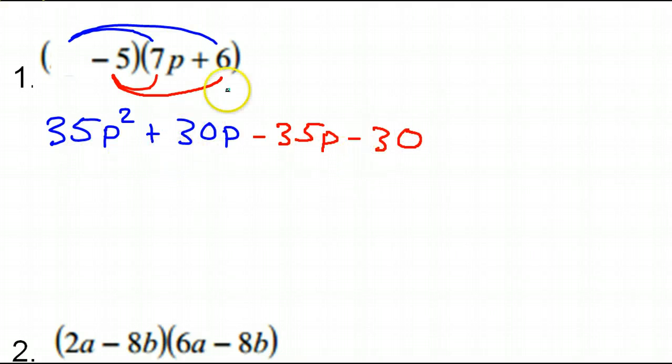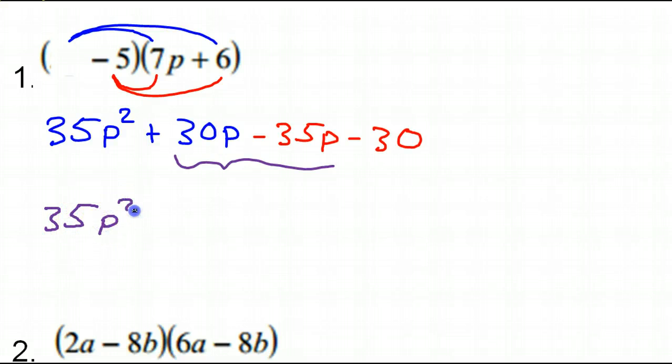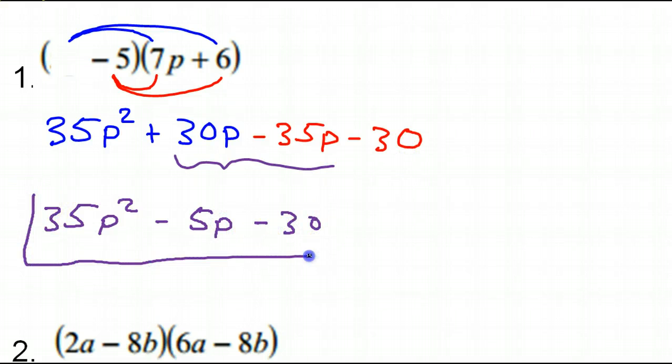Now we do have some like terms that we can put together. The 35p squared has no like terms, so that stays. If I put these together, this will be -5p, and then bring down your -30. So that should be your answer to number 1.